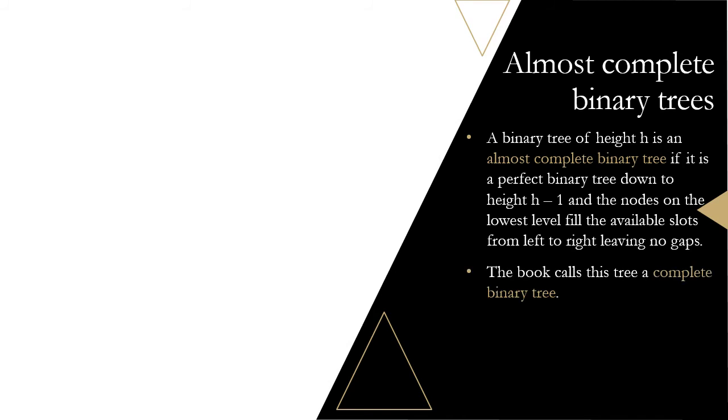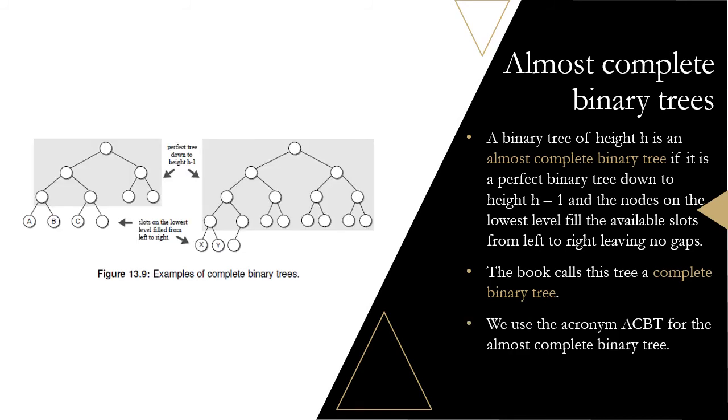The book calls this tree a complete binary tree. But I think that the name almost complete, which is used in other literature, conveys more information. We use the acronym ACBT for the almost complete binary tree.